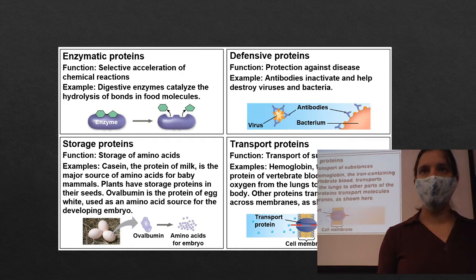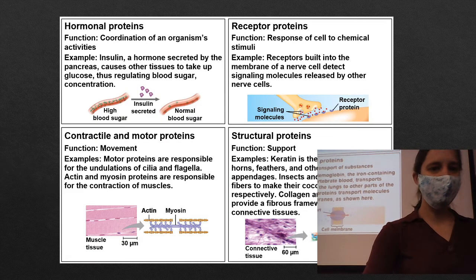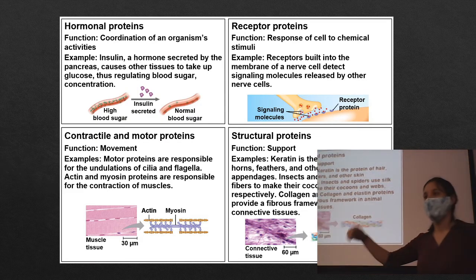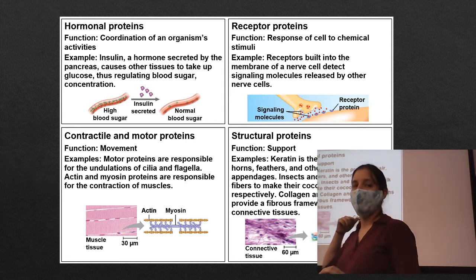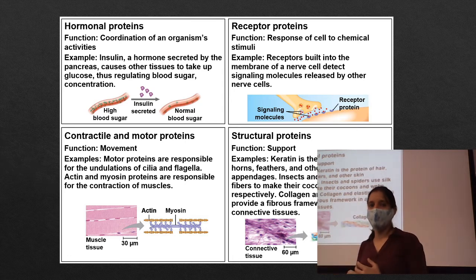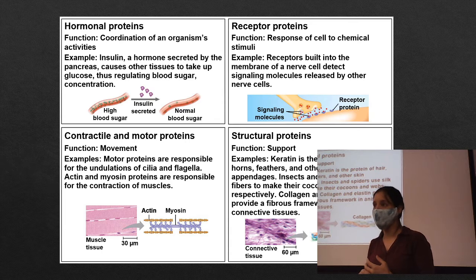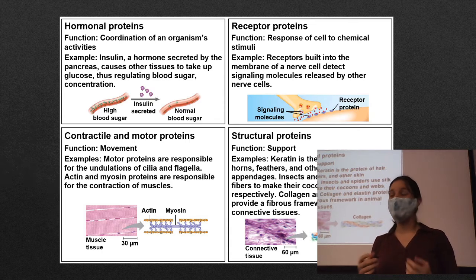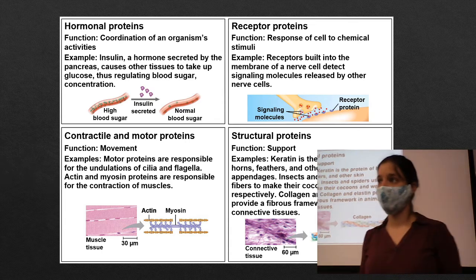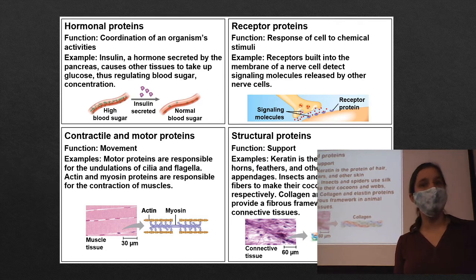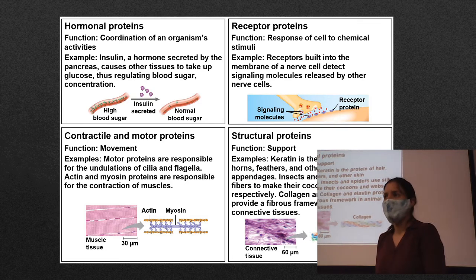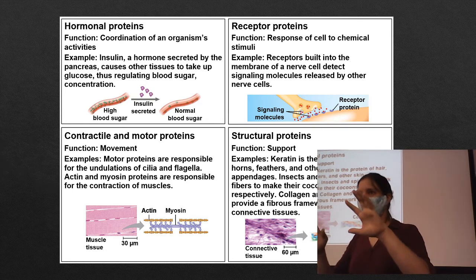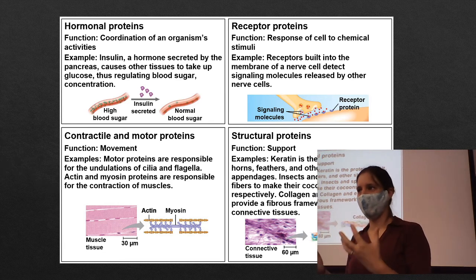So far so good? But wait, they do more stuff too. You've got hormonal proteins, right? Like insulin, that's a protein. It's important for blood sugar regulation. Is everyone feeling like protein's doing a lot, carrying a lot of the weight here of the cell?